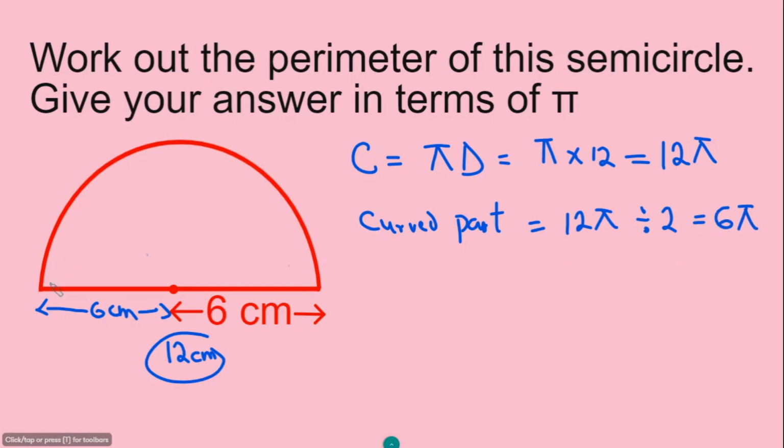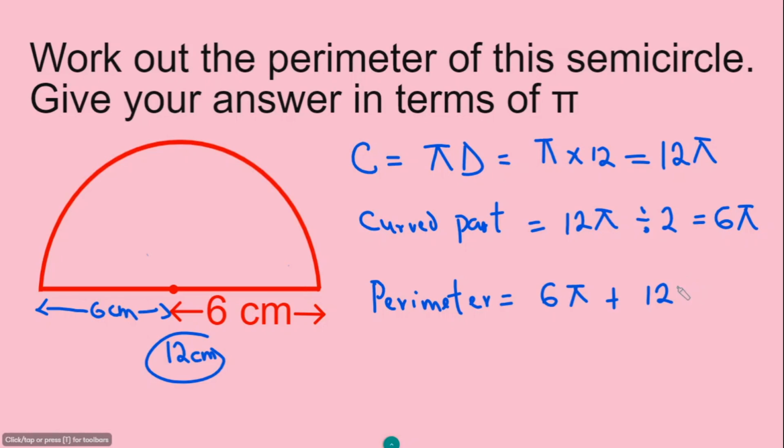Now, having known this curved part, I need to add it to this full diameter to get my perimeter, because that's the whole distance, the curve here plus this diameter. So the perimeter, remember we have to leave an answer in terms of pi, is the curved part, which is 6 pi, add on the diameter of the circle, which is 12 centimeters.